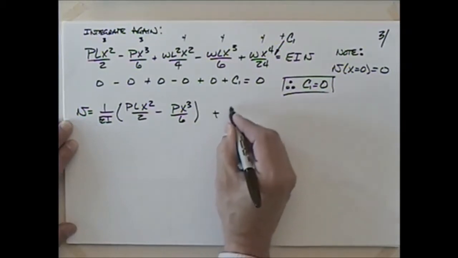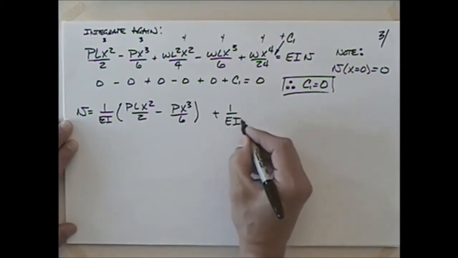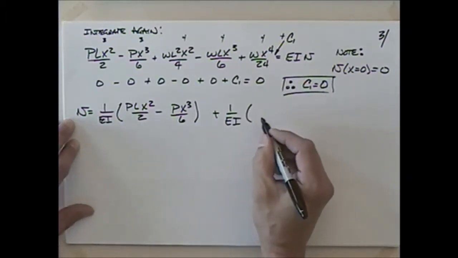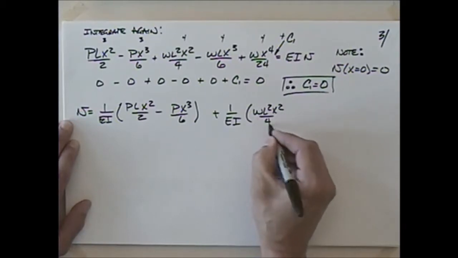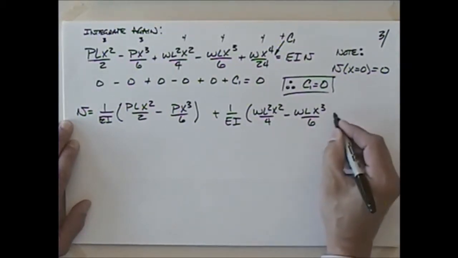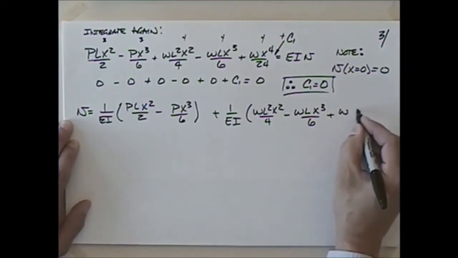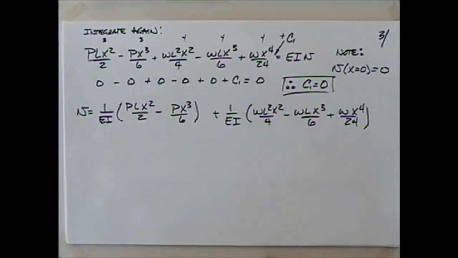I'm going to add to this 1 over EI times, what do we have here? The W terms: WL squared x squared over 4 minus WLx cubed over 6 plus Wx to the fourth over 24. So I just broke those apart.